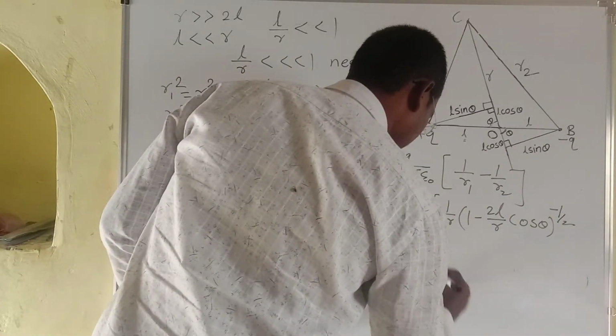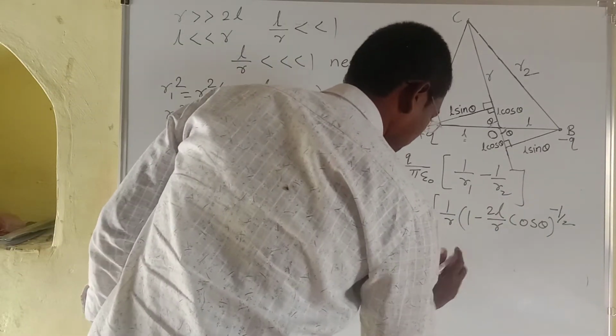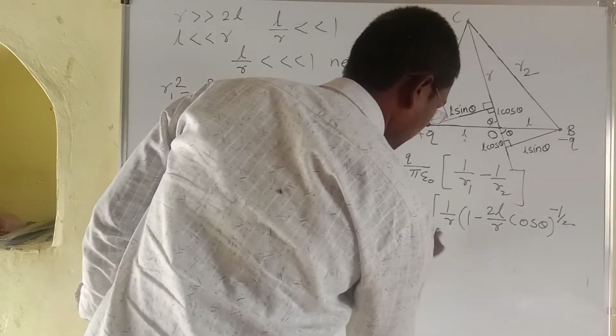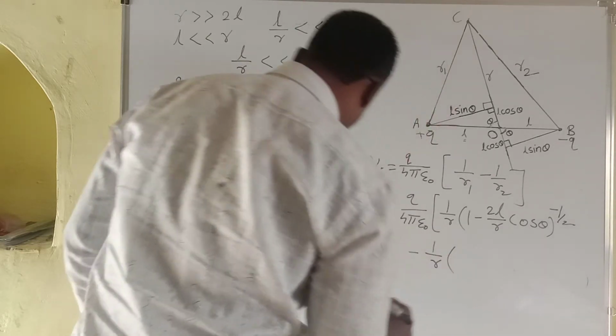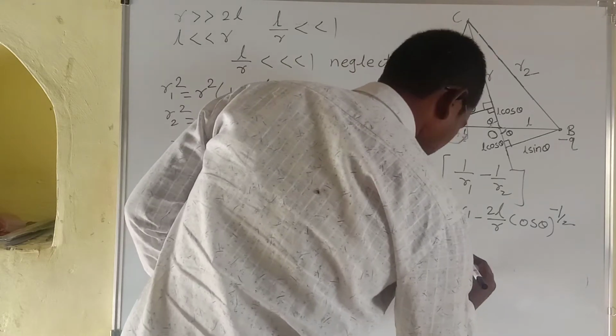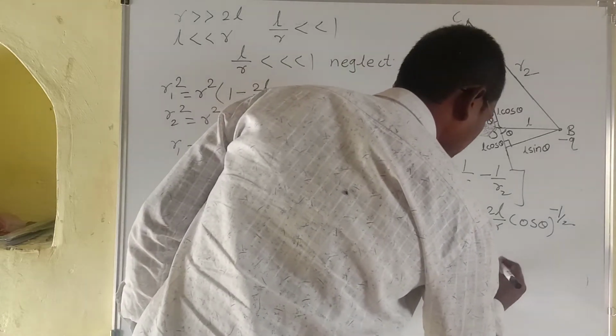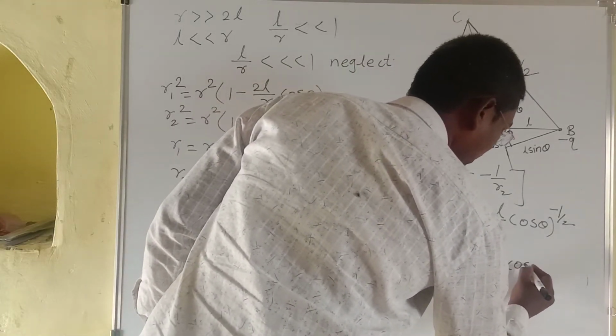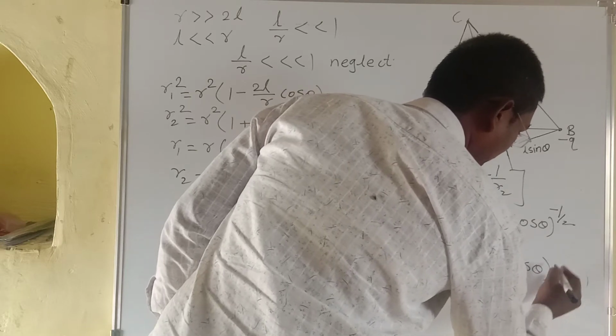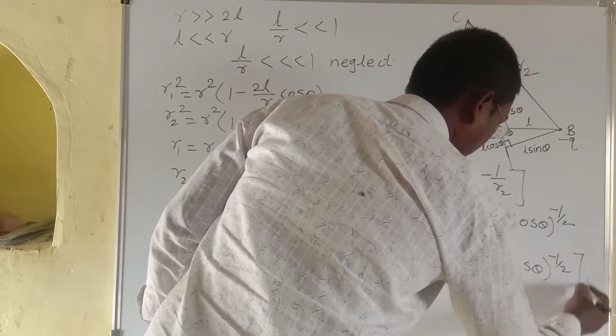The R2 term is 1 upon R into bracket 1 plus 2L upon R cos theta bracket raised to minus 1/2.